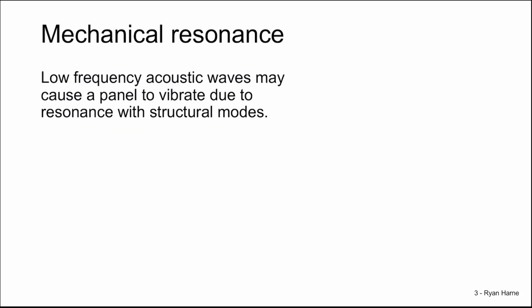At low frequencies, acoustic waves may cause a panel to vibrate in one of the structural modes, and this is a mechanical resonance phenomenon. So we have our panel mounted over studs, and then when acoustic waves are incident on the panel, it might result in that panel vibrating back and forth as bounded between the two studs.